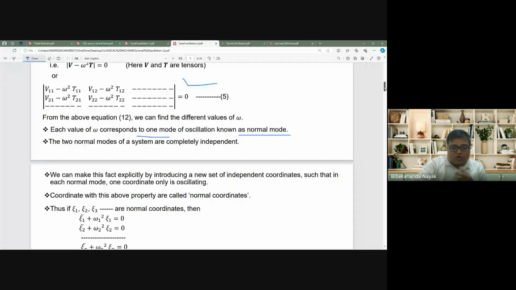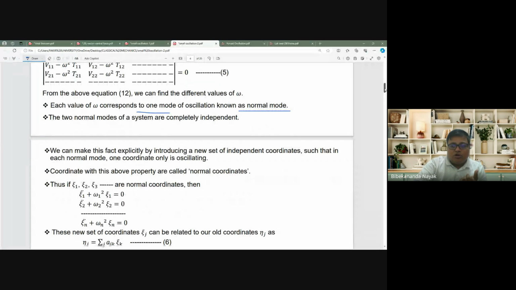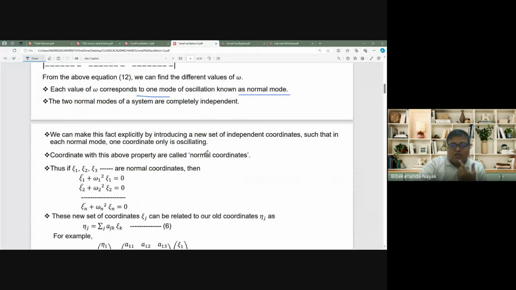But we have to calculate exactly what the normal modes or normal coordinates are. Omega is called the normal frequency, and for normal coordinates, let us assume J1, J2, J3 are the normal coordinates. Since it is simple harmonic oscillation, J1 obeys this relation where the frequency is omega 1, J2 obeys the relation where the frequency is omega 2, and similarly Jn obeys the equation where the frequency is omega n.